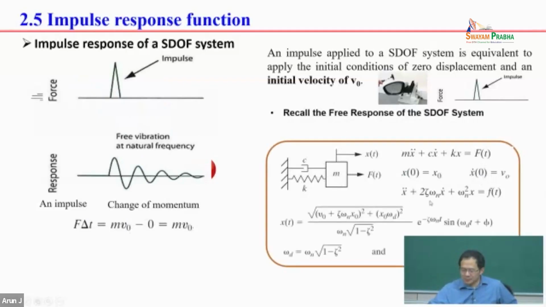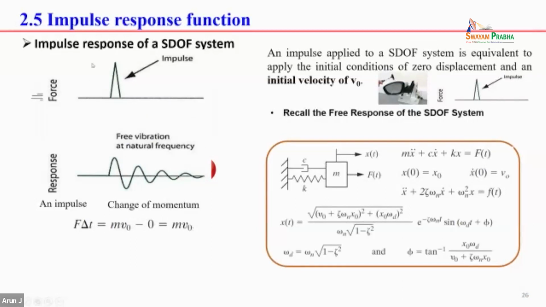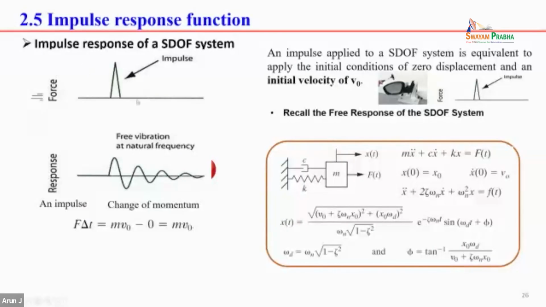Using this relationship, you can get the so-called impulse response, the response of the system from the initial condition under the impulse force. Usually we call this the impulse response.